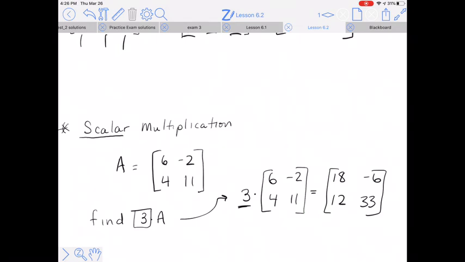And quite often, especially in your homework, they're going to mix scalar multiplication with addition or subtraction.